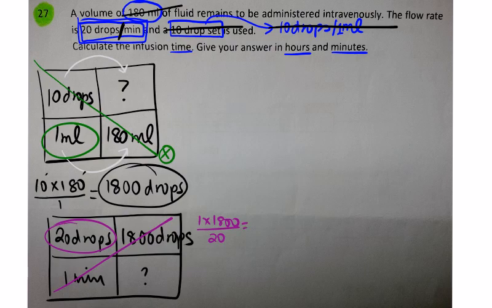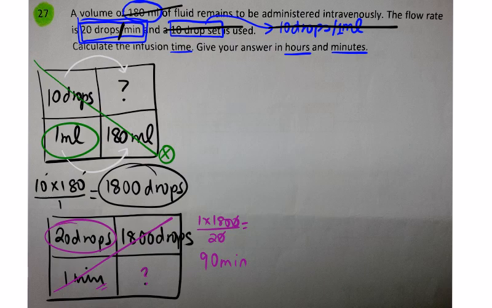Even using a calculator or just doing it in your head, we get 90. 90 what? Must match, 90 minutes. I'll stop here. I know we're not finished because the answer must come out in hours and minutes. You can think about that while I solve the problem again using the formula method.